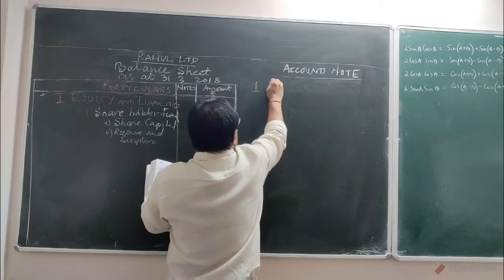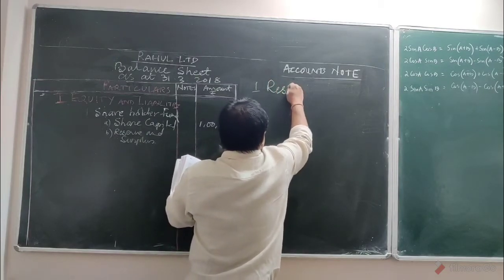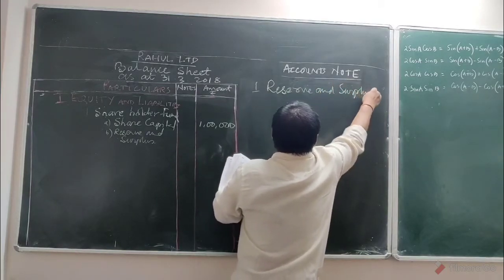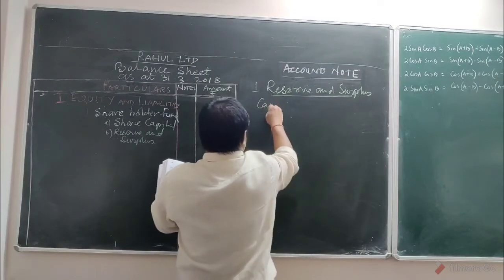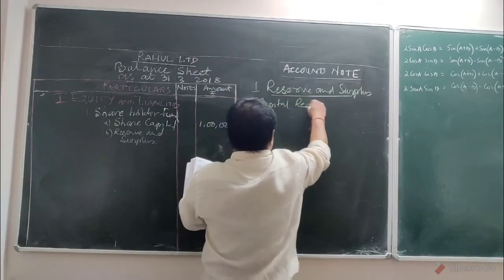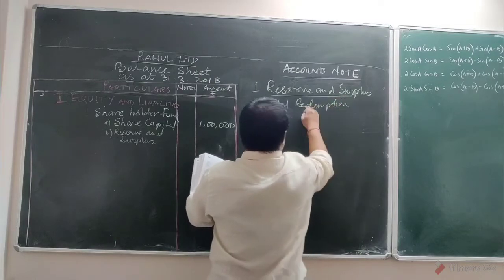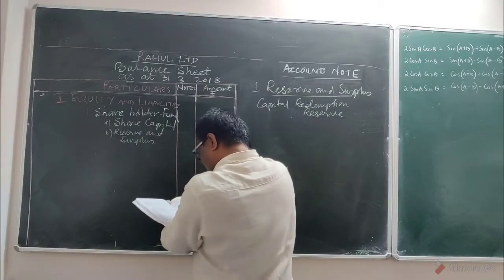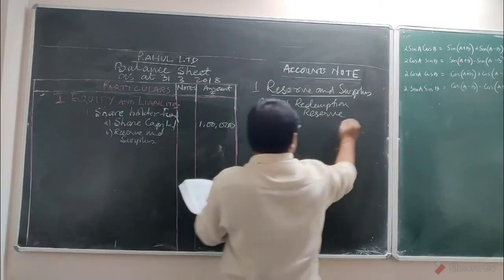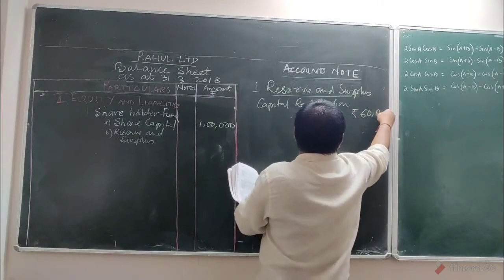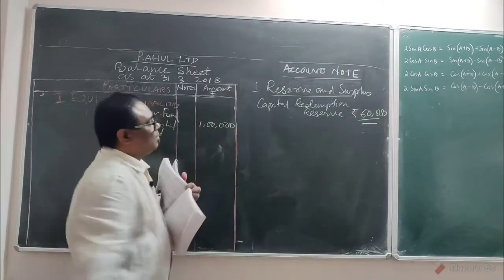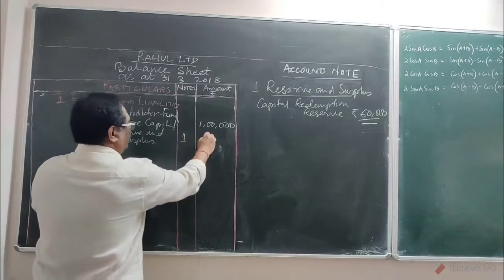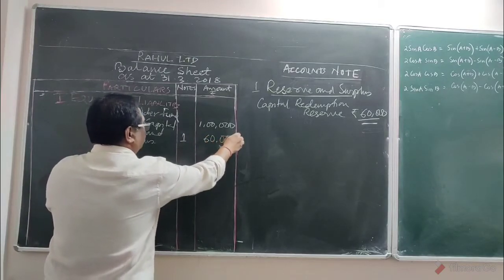Prepare accounts note number one, reserve and surplus heading, capital redemption reserve, with the amount of rupees 60,000.